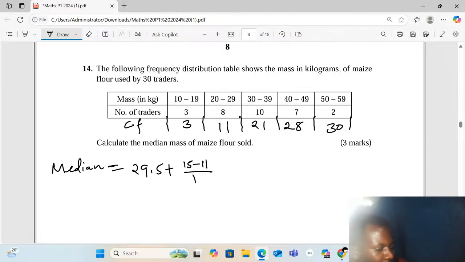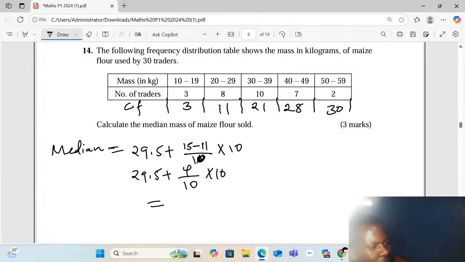So we have 29.5 plus 15 minus 11, we get 4, divided by 10, then we multiply by the class width, 10.